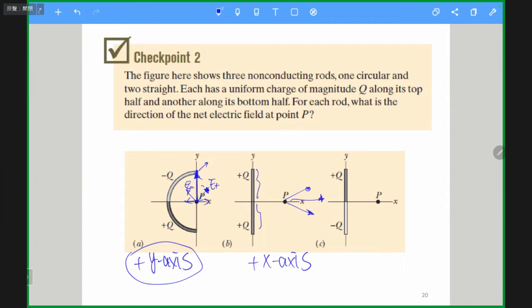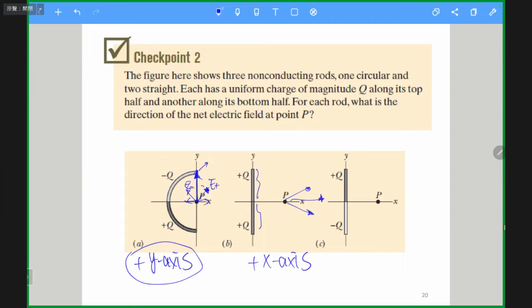Okay, and how about the third one? Okay, negative y. So yeah, negative y direction.